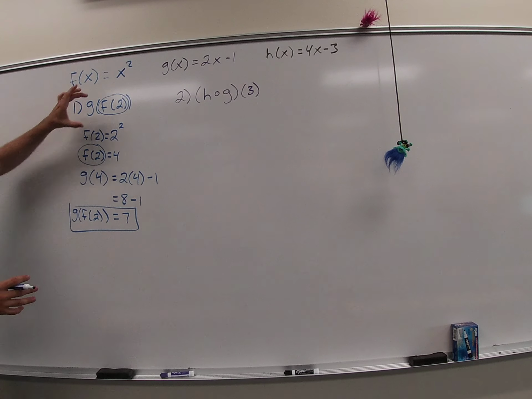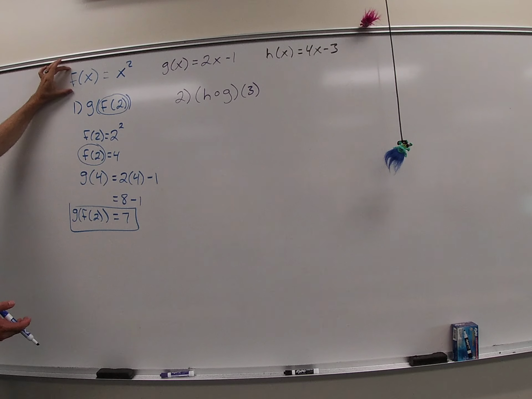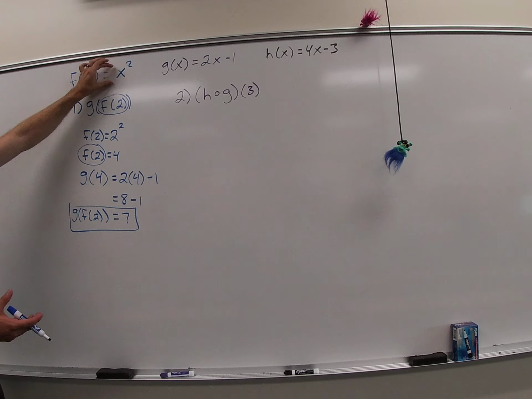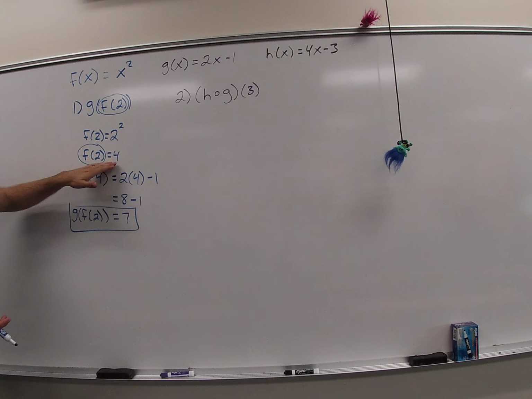So what I did was find that my innermost function is f of x, in this case f of 2. In the function f of x, I replace x with 2, and we got 2 squared is 4. So we found that the innermost function, f of 2, is equal to 4.